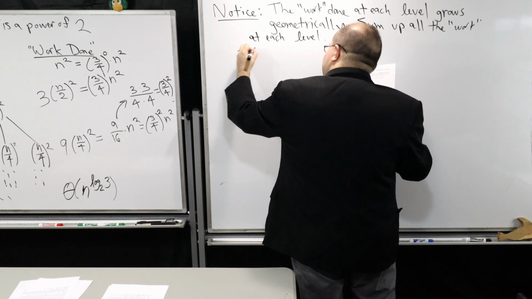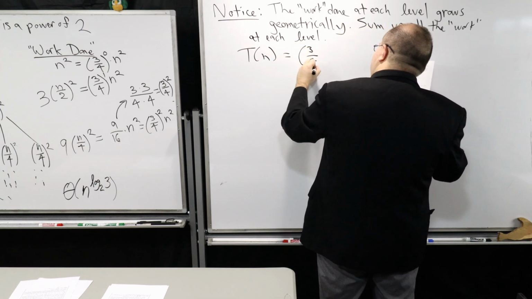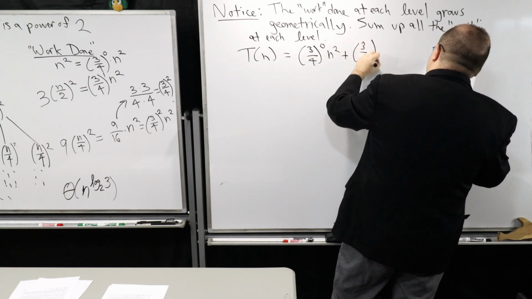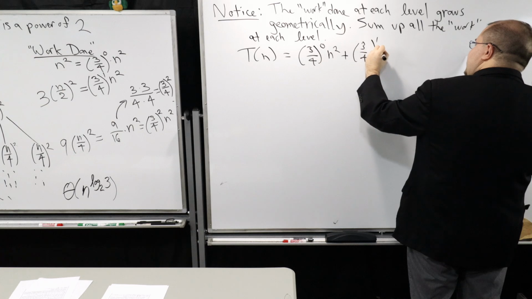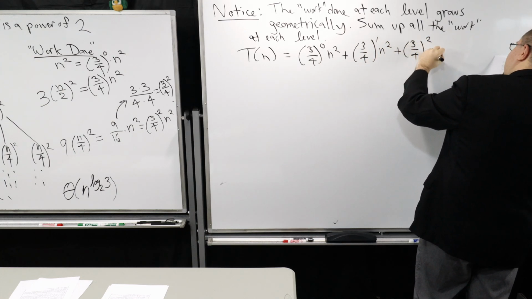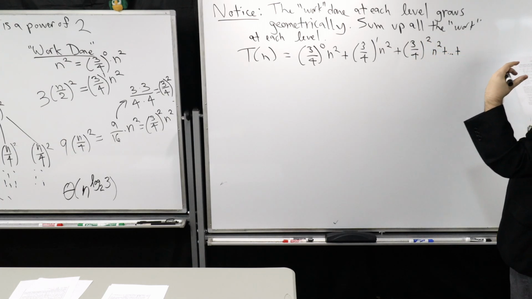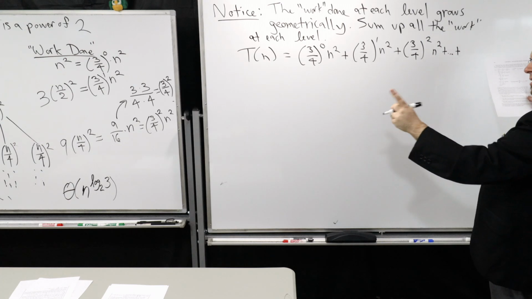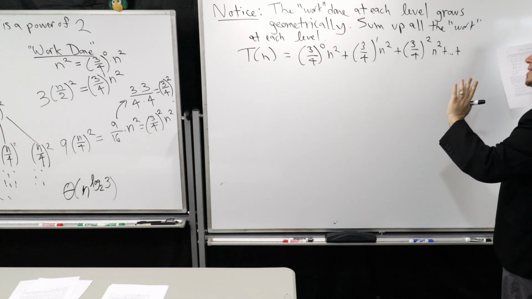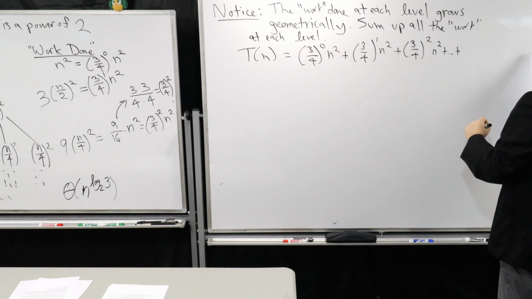So T of n is going to be equal to 3/4 to the power of 0 times n squared, plus 3/4 to the power 1 times n squared, plus 3/4 squared times n squared. And you're going to keep doing this until just before the final level, because I've accounted for the leaves separately. But if you had a nice pattern anyway, you can proceed to the final level and account for that too, if you felt like it.